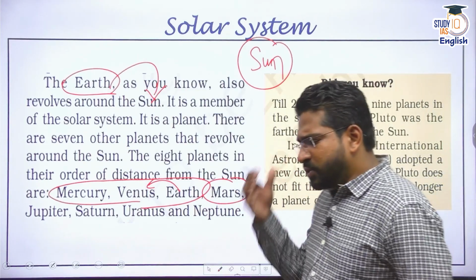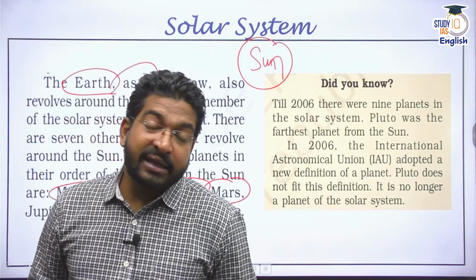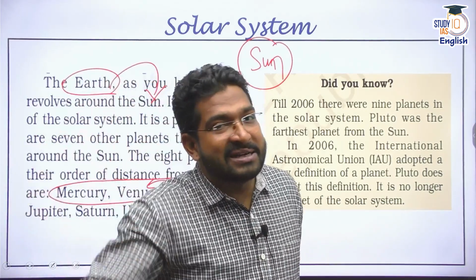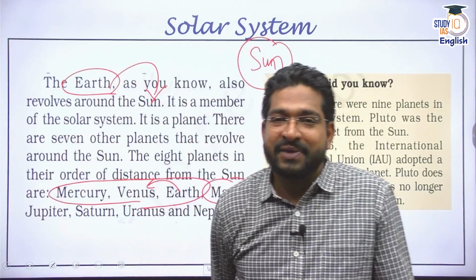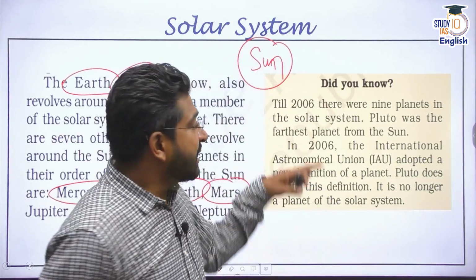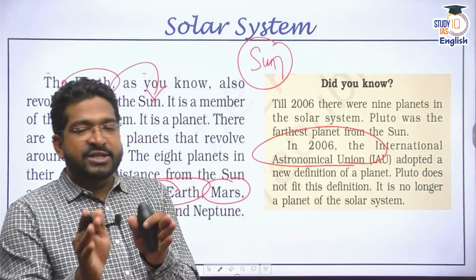Now, when I was in school, in my syllabus, I read that there were 9 planets in the solar system. My belief was 9 itself, because I studied the same thing in school. But in 2006, Pluto was dropped as a planet by the International Astronomical Union, because the definition of planet itself was changed.